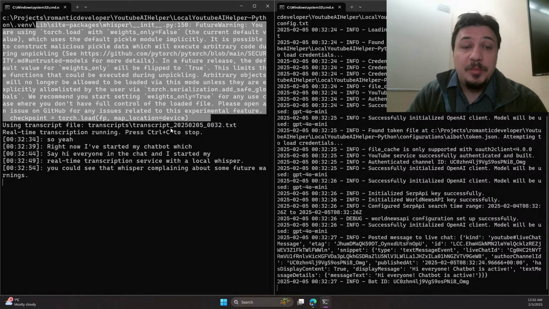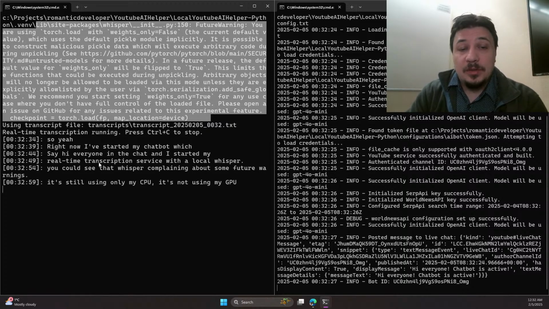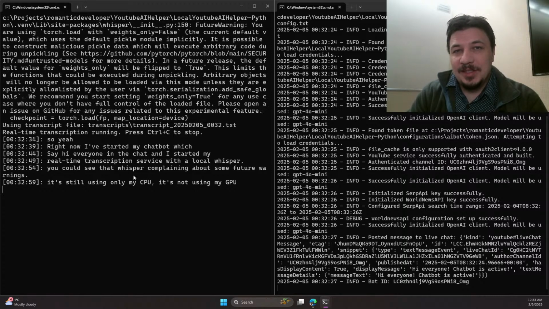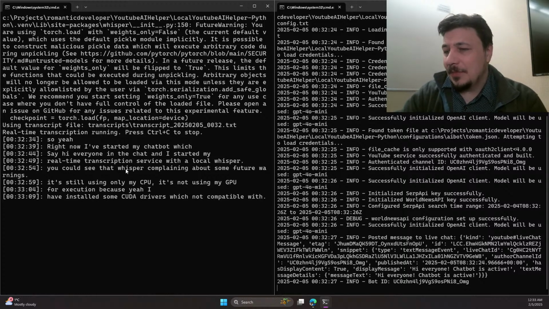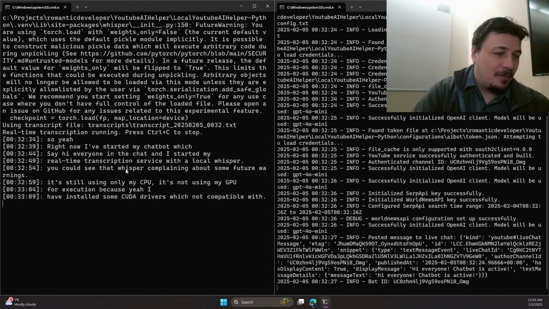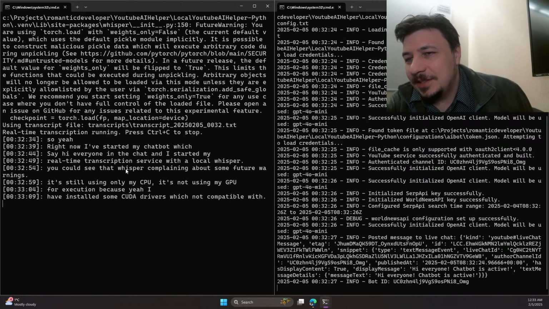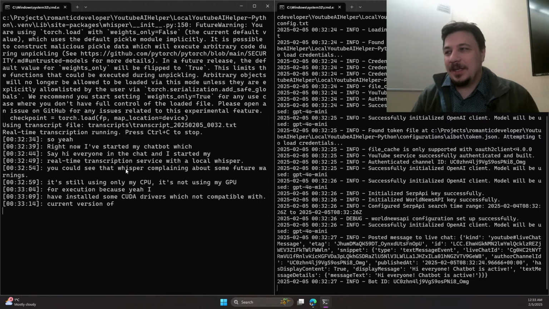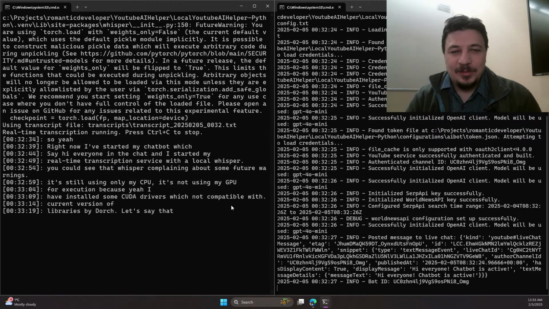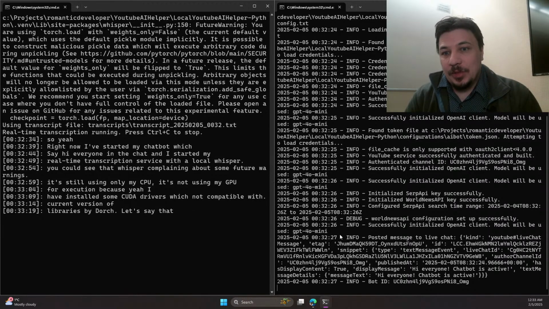It's not using my GPU for execution because I have installed some CUDA drivers which are not compatible with the current version of Python CUDA libraries, PyTorch, let's say that, and it created those issues. But overall, it's working fine.